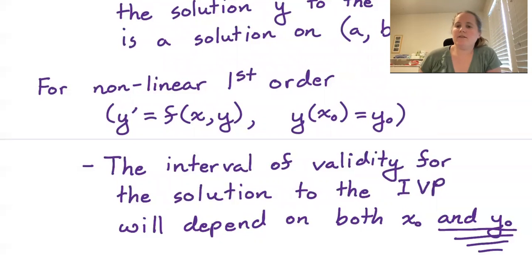So this piece here is our new part that's key. That interval of validity will not just be based off of the initial condition for x, but also on the initial condition for y.